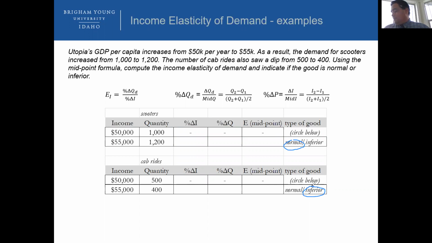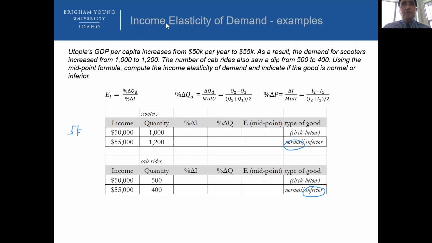Let's look at income first. We have a percent change of income. So 55,000 minus 50,000 is 5,000. I'll write that over here.